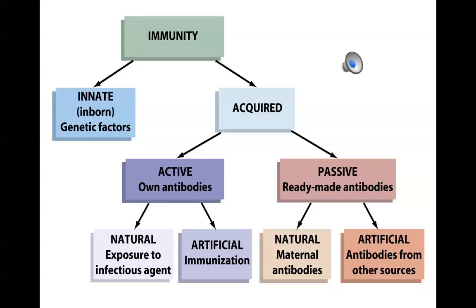But for artificial active immunity, we're deliberately exposing ourselves to some portion of a toxin that's been modified into a toxoid, or a piece of a virus or a bacterium. That's why we have vaccines or immunizations, to elicit a strong, powerful, active immune response that's artificially triggered.